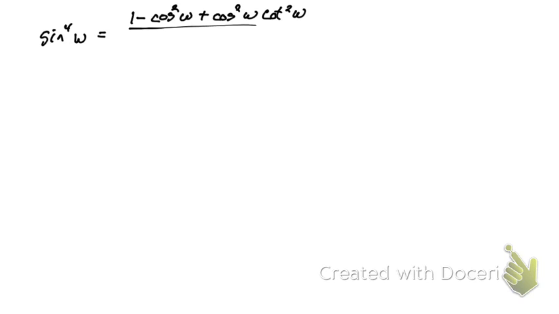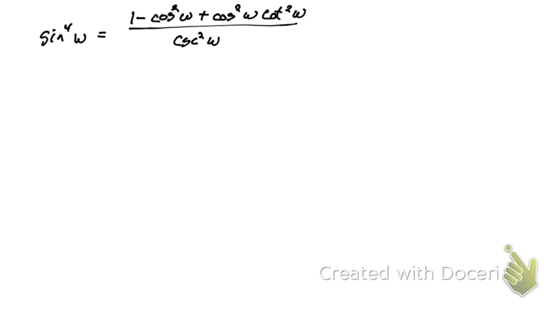So we had sine to the 4th W equals 1 minus cosine squared W plus cosine squared W times cotangent squared W, all over cosecant squared W. All right.